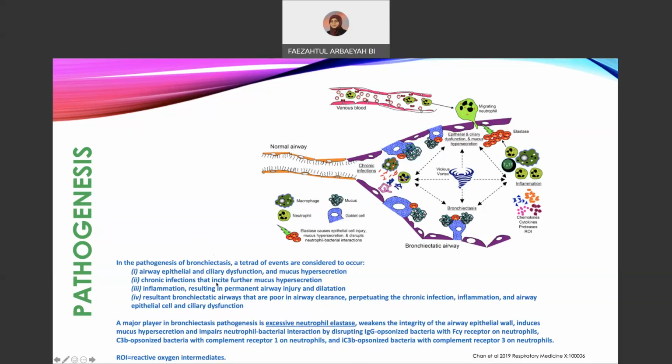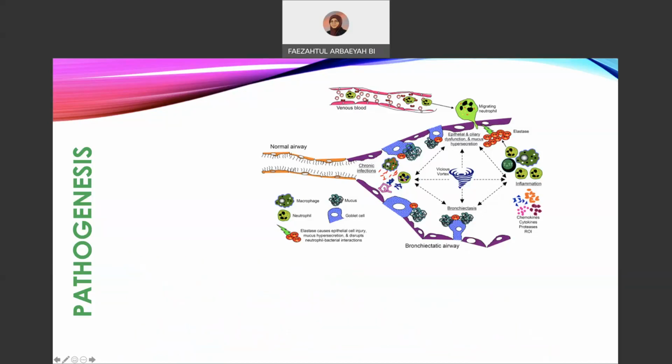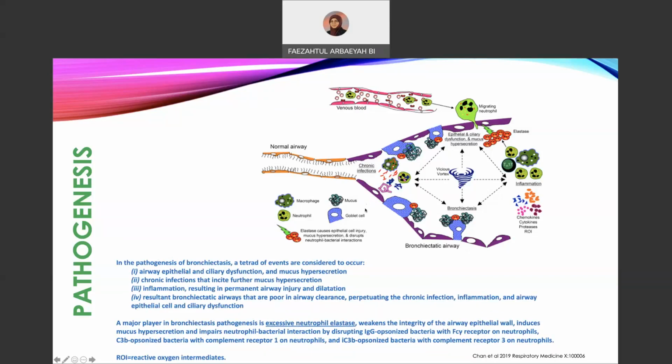Chronic infection leads to inflammation, and it will also stimulate the goblet cells to produce more mucus. The inflammatory cells can produce more interleukins.